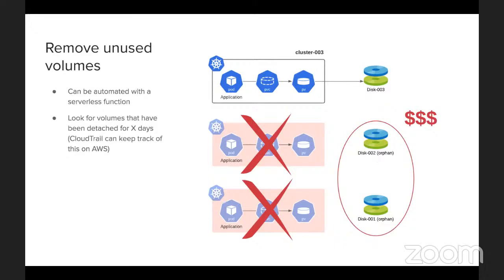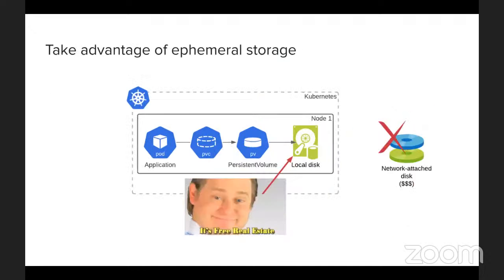So you can automate the cleanup of orphan volumes. You could use a serverless function, something like Lambda. AWS actually has a good article on this if you wanted to Google that. You would have to enable CloudTrail to keep track of how long the volume's been detached. But outside of that, fairly easy to implement.